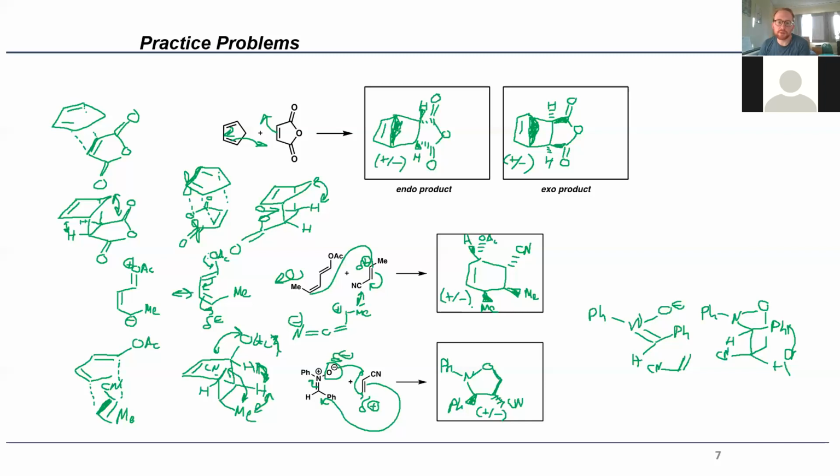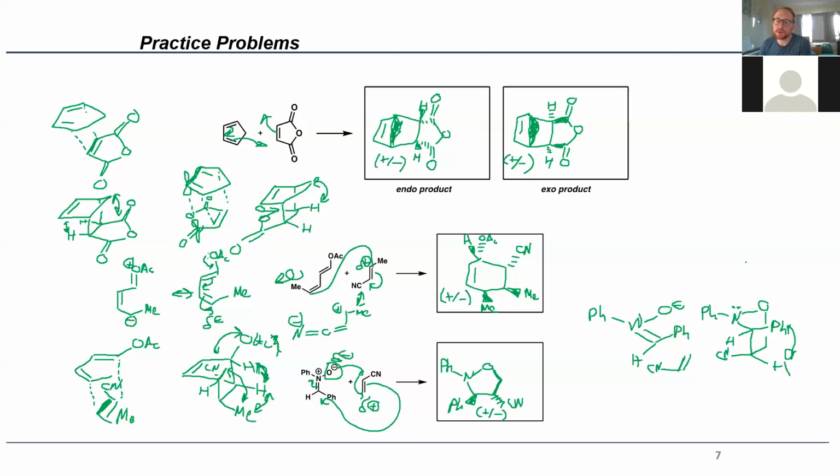Is the phenyl group on the nitrogen pointing in for the third one? The phenyl group, so we have to remember that nitrogen here has a lone pair. And so though it's still sp3 hybridized, that lone pair goes through rapid tunneling through the nucleus. And so you get inversion of the stereochemistry there.